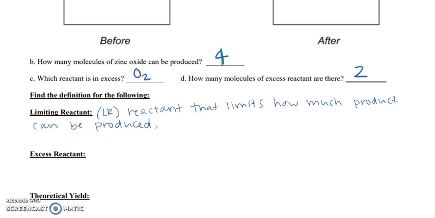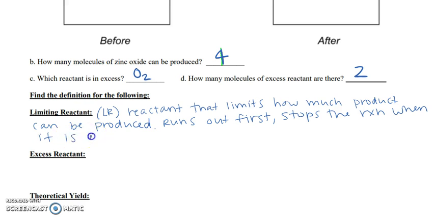Important things to know is that the limiting reactant runs out first, and it stops the reaction (RXN) when it's gone.